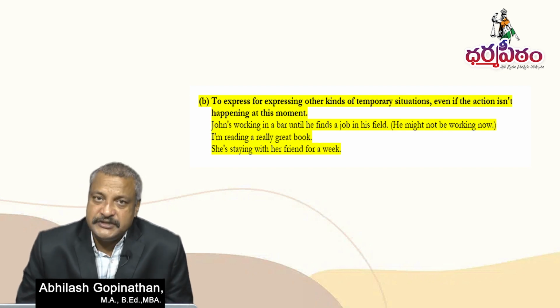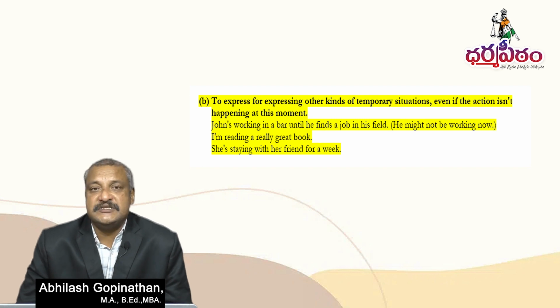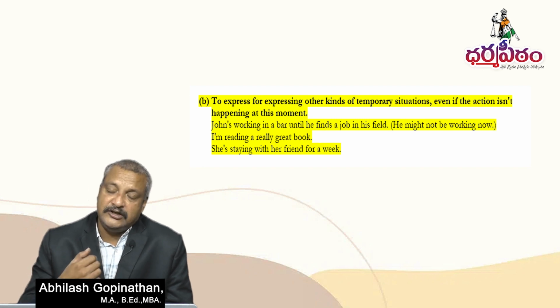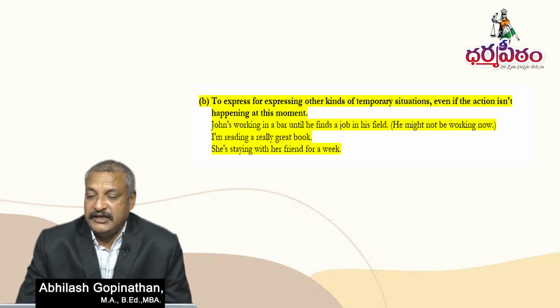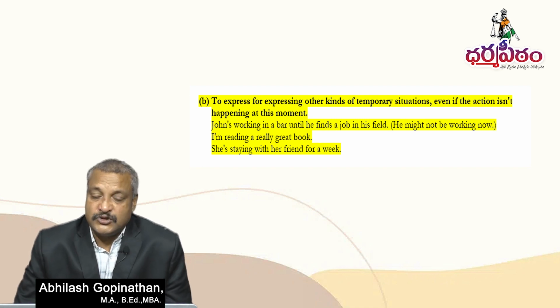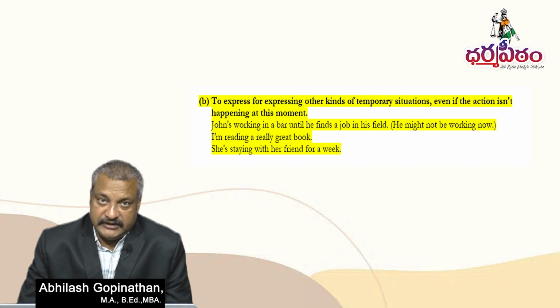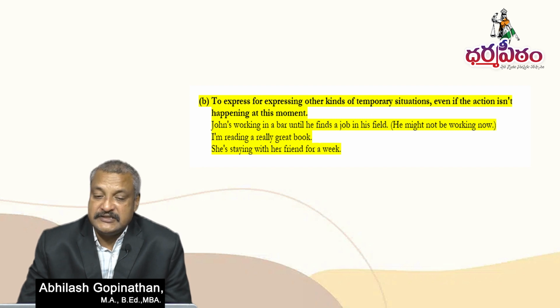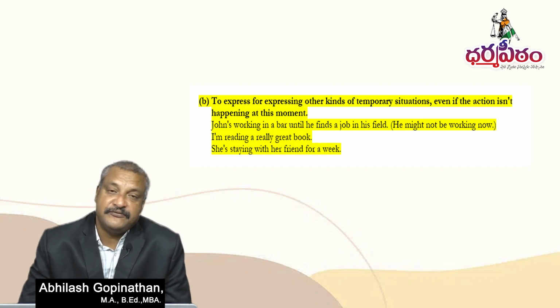Another usage of present continuous tense is to express other kinds of temporary situations, even if the action isn't happening at this moment. To express temporary activities, for example, we can say, John is working in a shop until he finds a job in his field.